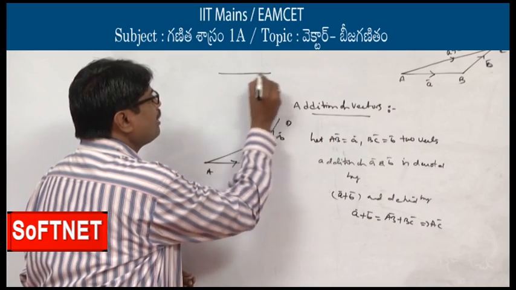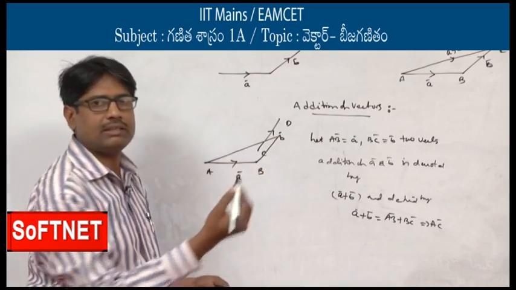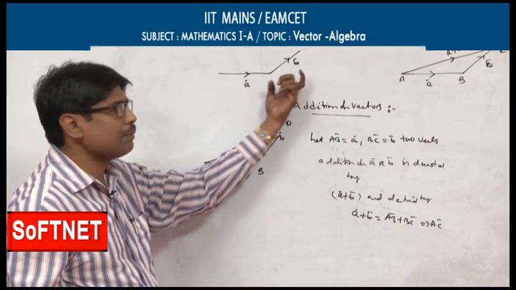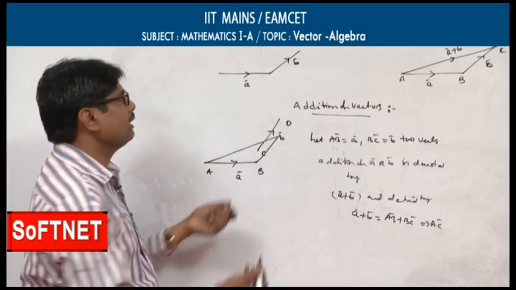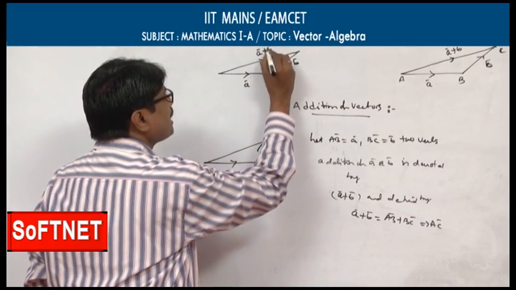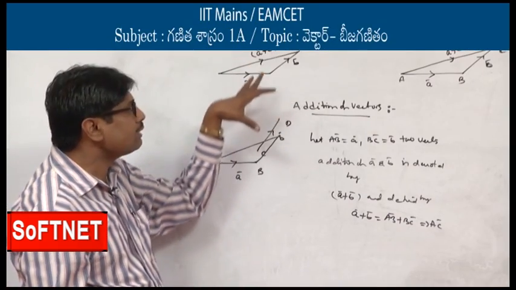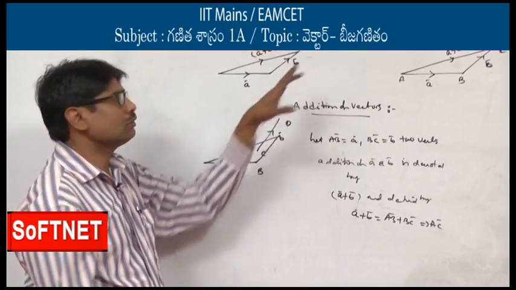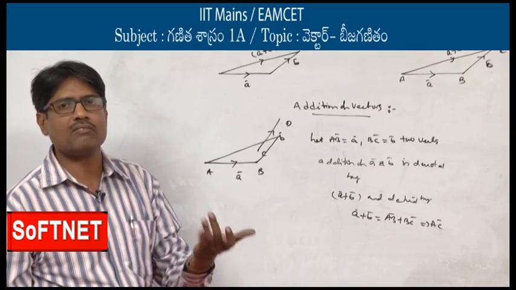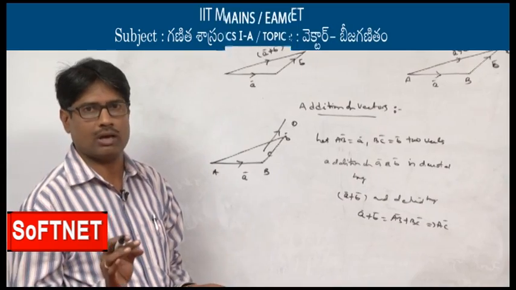If A bar and B bar are the adjacent sides of the triangle, then the third side is the resultant of these two, A bar plus B bar. So this is known as the triangular law of addition.